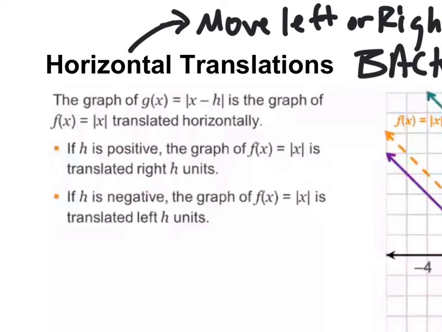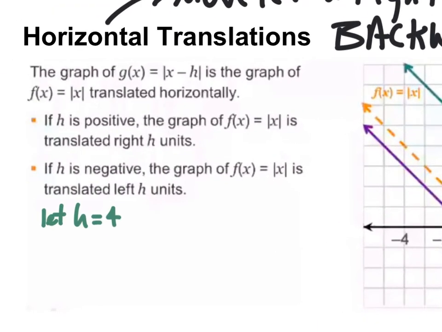Let's let h equal 4. If I were to write this, let's say that we have a function p of x equal to the absolute value of x minus 4, because if h is 4, then I plug it in here.